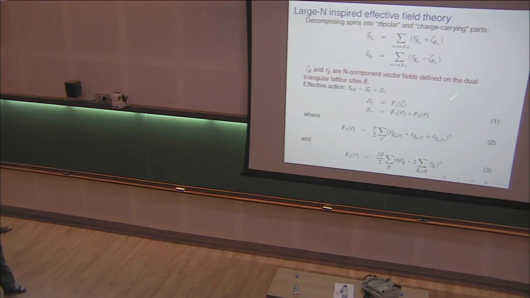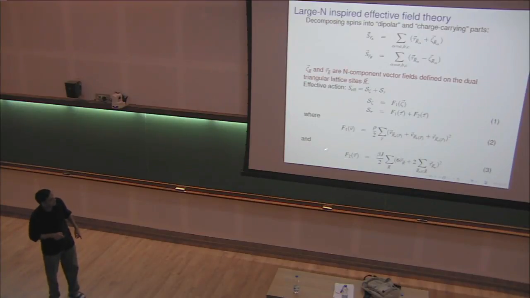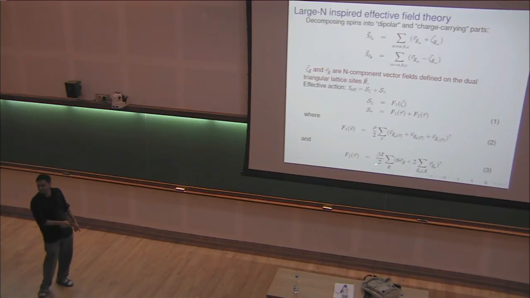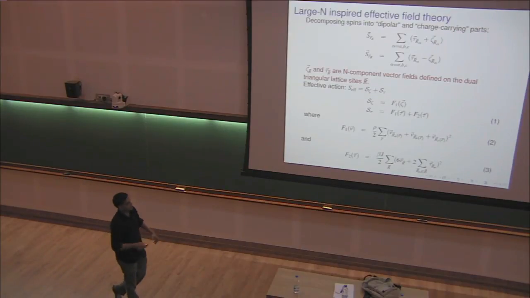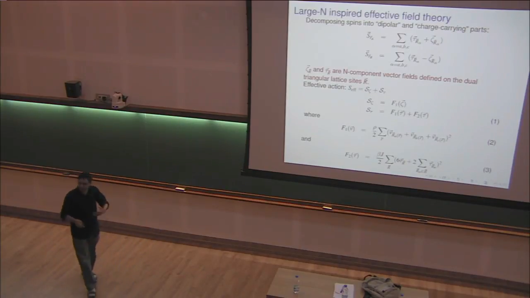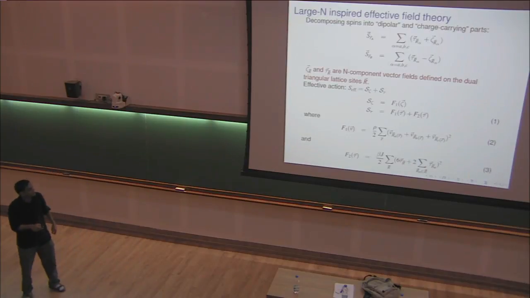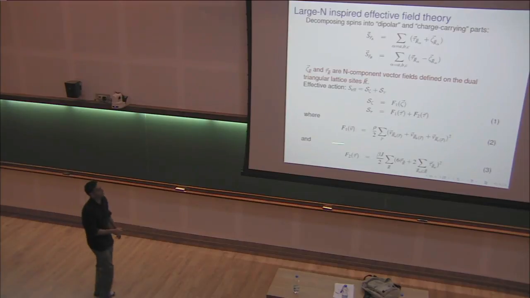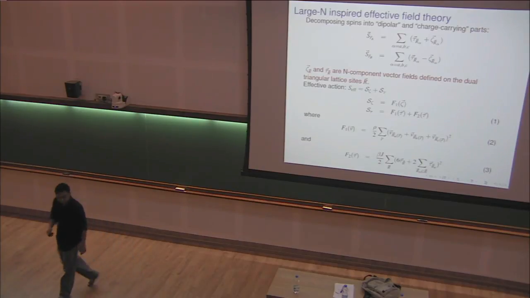It's only the action for the tau that knows anything about the energetic effects. This is the term that tells you that you like to, at the low temperature limit, have the net spin on a hexagon 0, and tau is the variable that violates that constraint. And the action for zeta, which is the dipolar part, is purely entropic. This is, roughly speaking, the weight of different ground state configurations of this classical magnet.